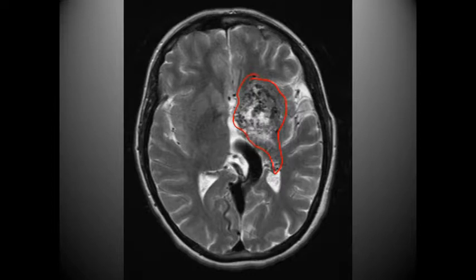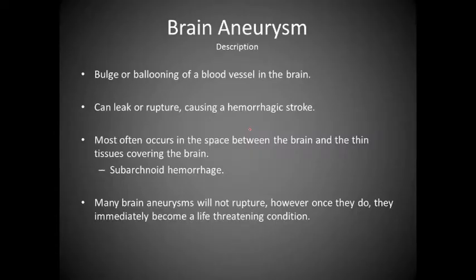Notice that it just looks like a tangled bunch of vessels. Usually I define this as, it almost looks like a tangle of rubber bands, or if you've ever made a rubber band ball, that's kind of what it looks like when you're looking at it from an imaging standpoint. But also we have a midline shift.